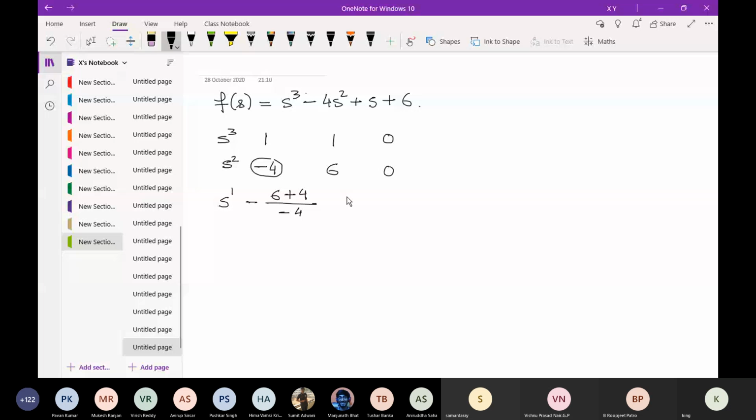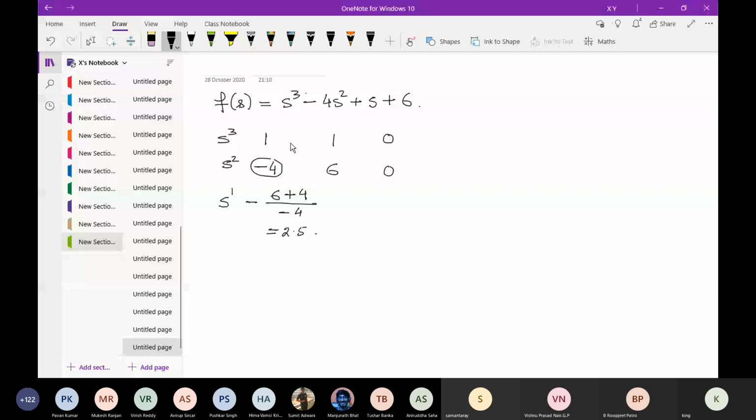If you do this exercise for the same thing, then this will be again 1 into 0, minus 0 into minus 4, divided by again minus 4.